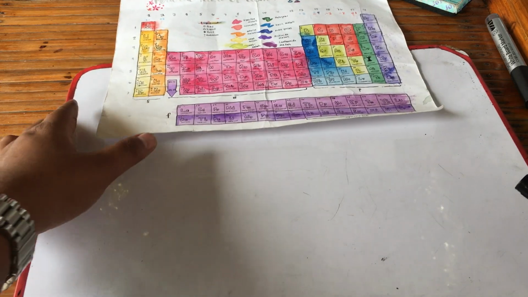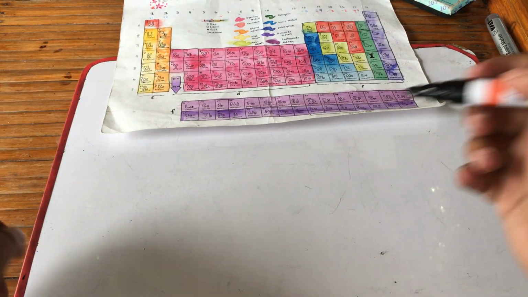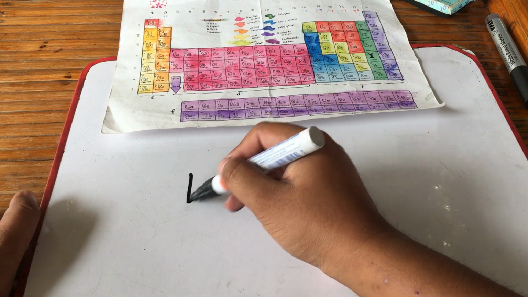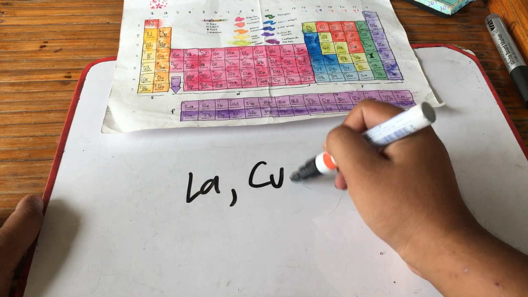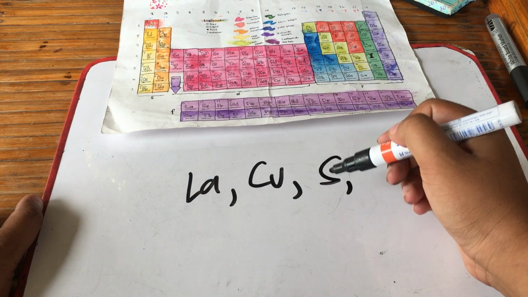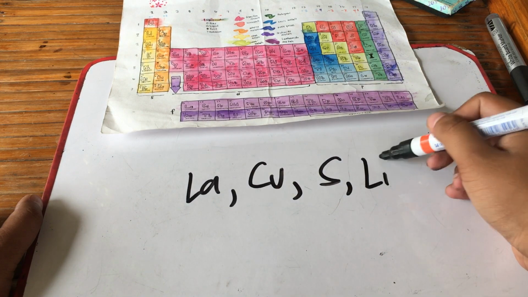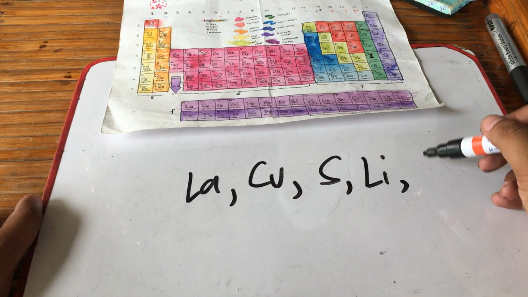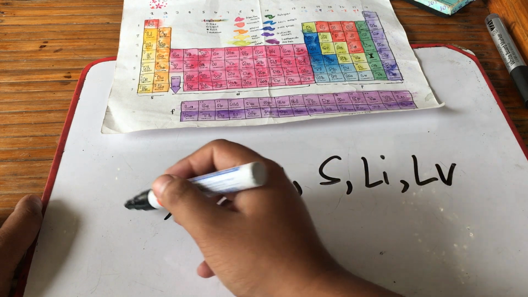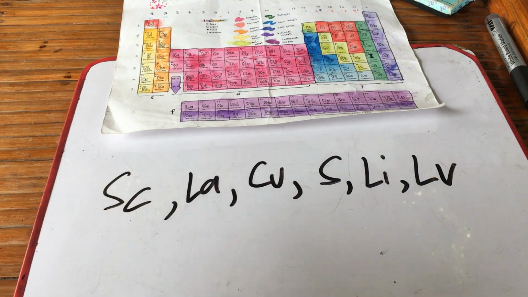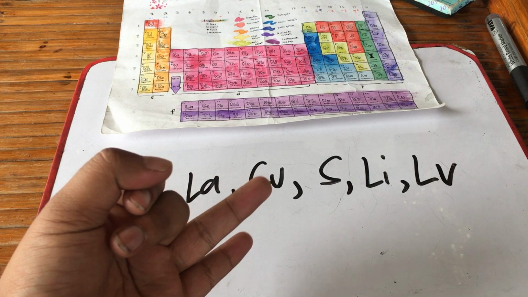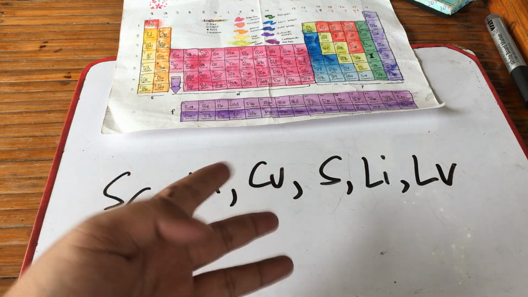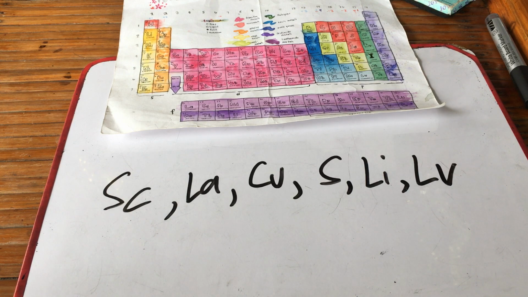So let's compare La, copper, sulfur, lithium, Lv, and then scandium. So arrange these 6 elements in terms of atomic radius, electron affinity, electronegativity, ionization energy. So that's it. There you have it.